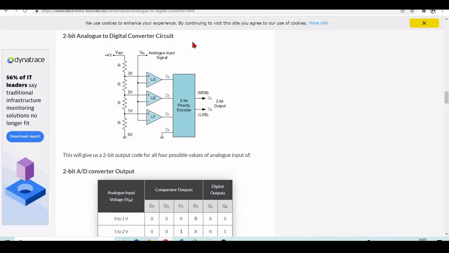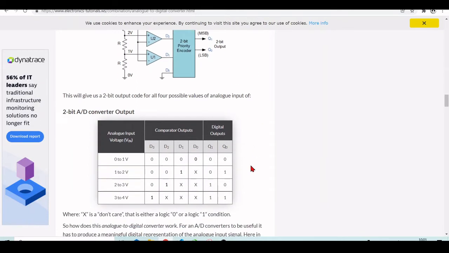As I mentioned, if we have 2 bits, the analog input voltage will be from 0 to 1 volts, and we will have some outputs at the comparator, and some digital outputs. The first bit can be 0 or 1. The second bit can also be 0 or 1. So with 2 bits, 2 to the power of 2, we have 4 different possibilities.